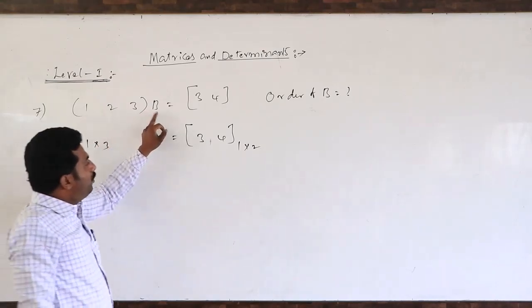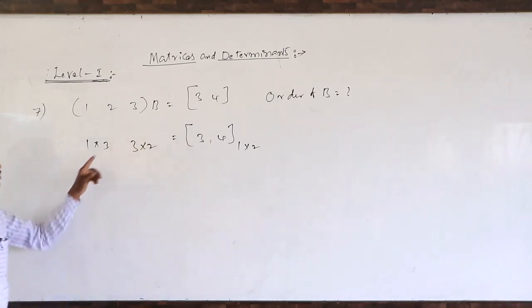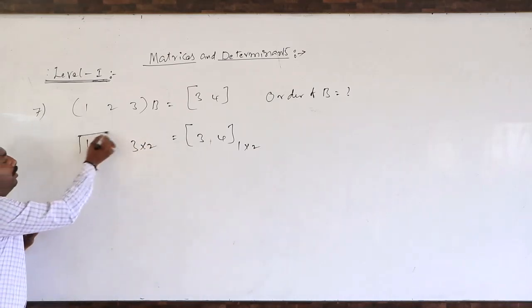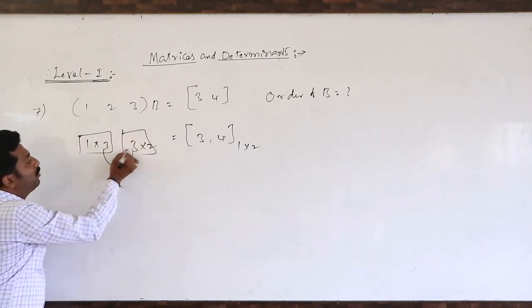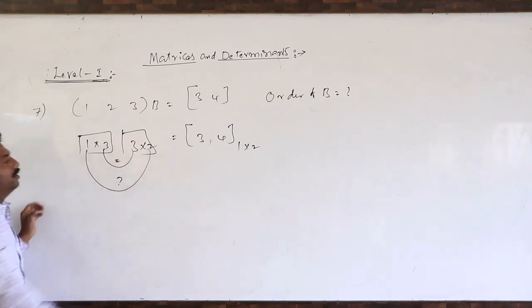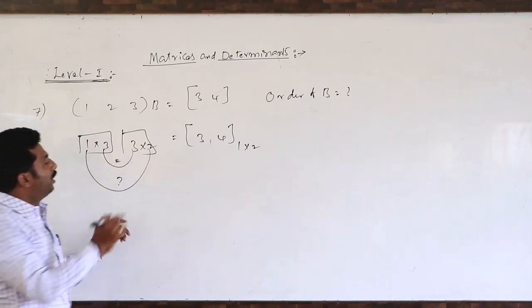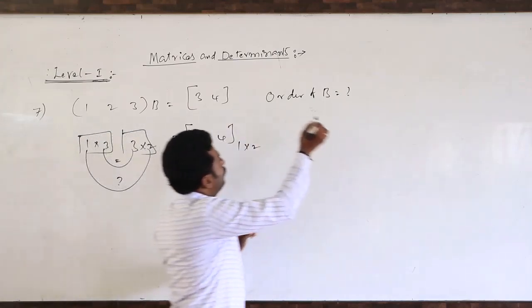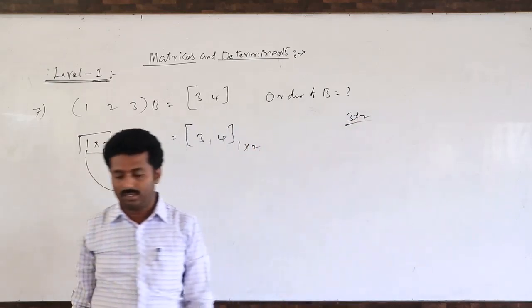Then B must be 3 rows, 2 columns, because in multiplication, the number of columns of the first must equal the number of rows of the second. Then the resultant matrix order is 1 by 2. So the required matrix order is 3 by 2.